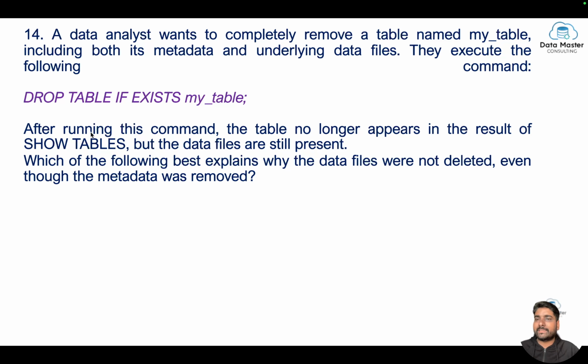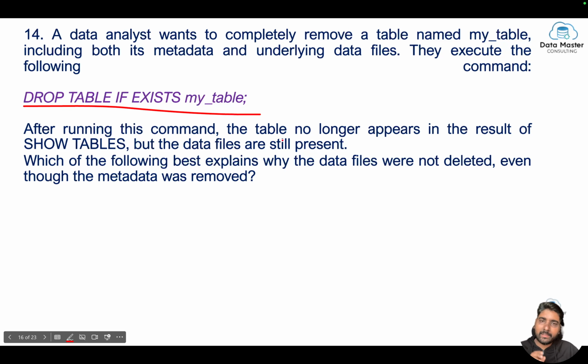So they execute this command, drop table if exists table name. After running this command, the table no longer appears in the results of show tables. When you run a drop command, you should not see that in your catalog explorer in the schema. And when you run the command show tables, that table doesn't appear.